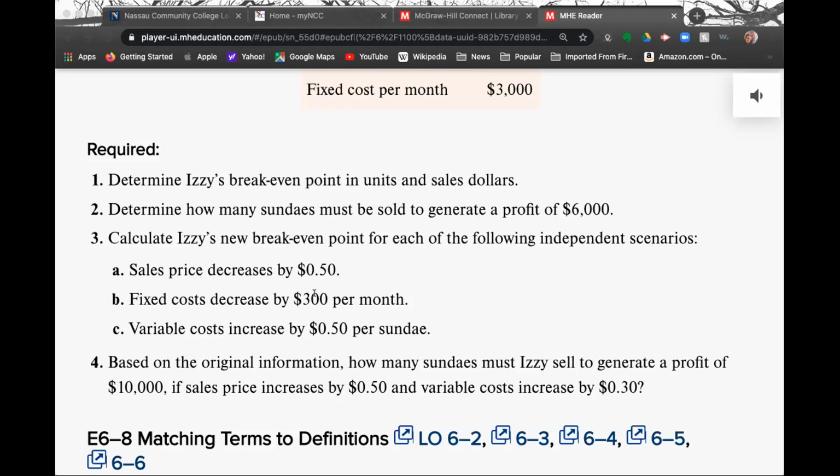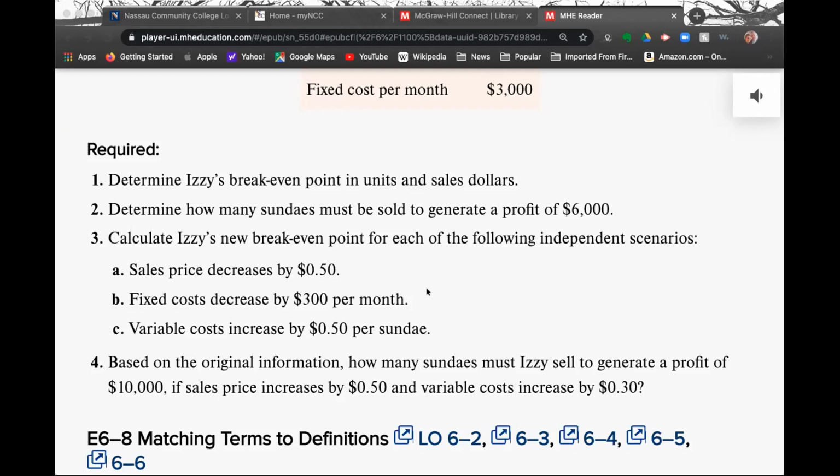All right, now let's take a look at part C. What if the variable costs increase by 50 cents a sundae? So that means now, instead of the variable cost being $2, they would be $2.50. If the sales price is $5 and the variable costs now are $2.50, the contribution margin, $2.50, right?